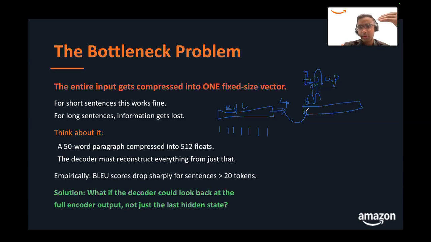The main problem: my context vector is summarizing this whole input sentence. My decoder has no information of how this word in the English language might relate to some other position or some other word in my input language. How much should this token's prediction be influenced by some particular token in the previous language sentence?